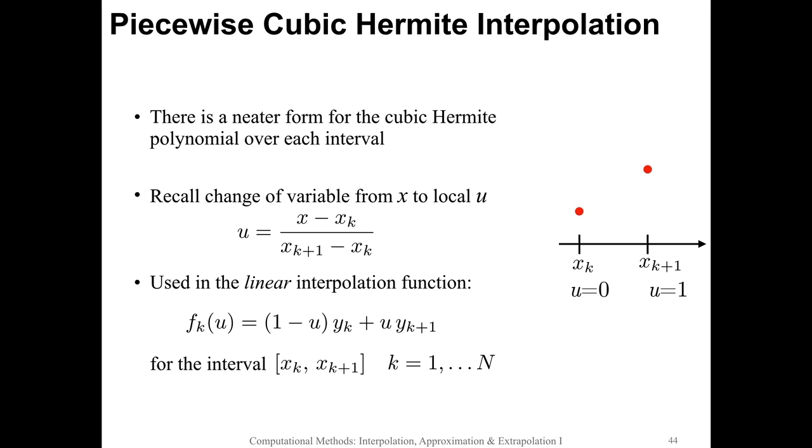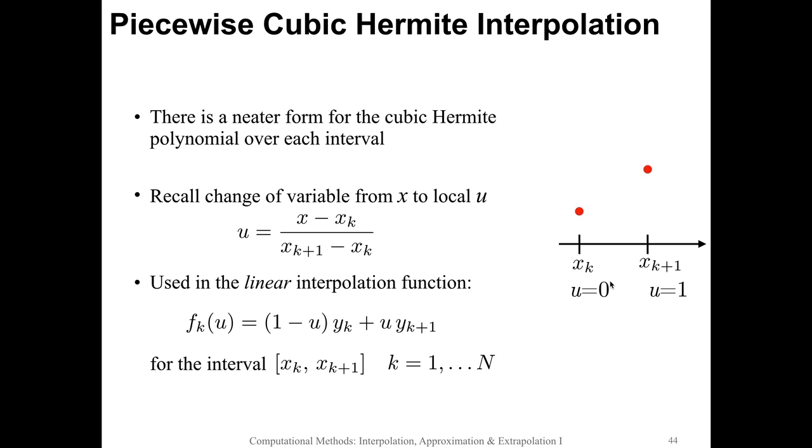But there is actually a neater form that we can use to do this cubic Hermite interpolation. In order to do it, we need to recall the local variable u that we defined earlier, and that is shown here again. It's the fraction of the distance from x to the start of the interval, as a proportion of the whole width of the interval, from xk to xk plus 1.